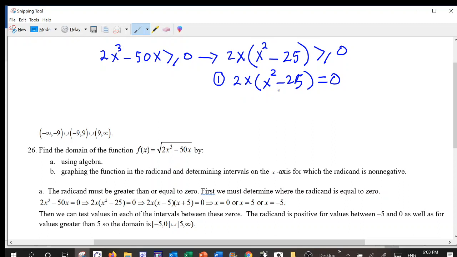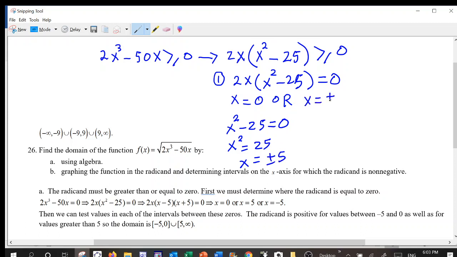So either 2x equals 0, which means x equals 0, or x squared minus 25 equals 0. That means x squared is 25, so x is plus and minus 5.